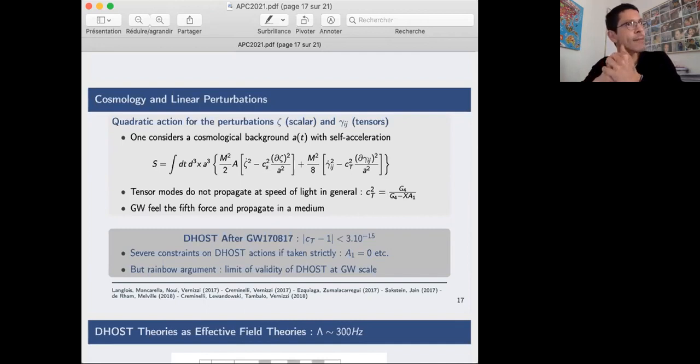I also worked a bit on not a DHOST theory, but what are called minimally modified theories of gravity, with the group of Kyoto around Shinji Mukohyama and others, and we show that in some cases, with some models, it is possible to reduce just a bit the Hubble tension. But I agree that there are probably many other possibilities to constrain these theories when we take them as models or as alternatives for dark energy.